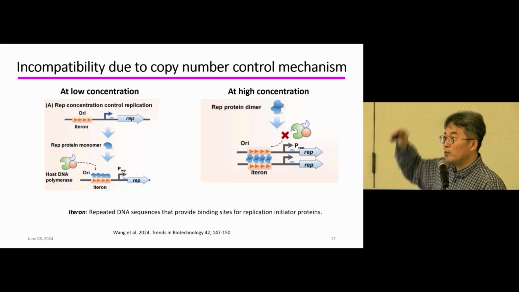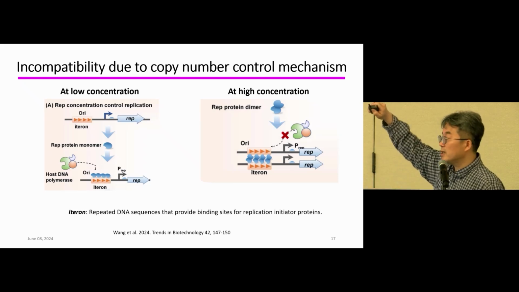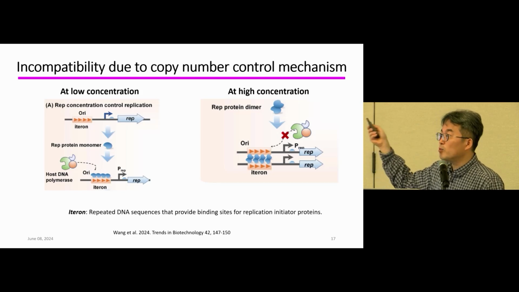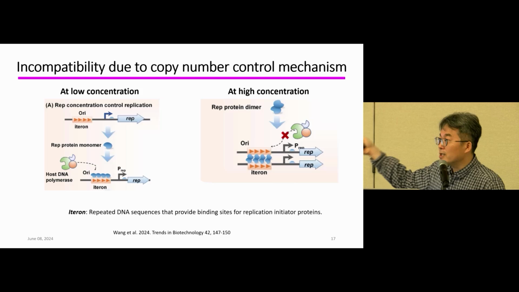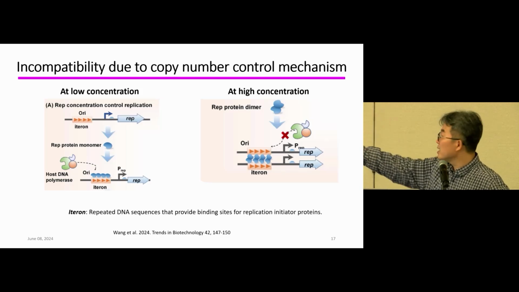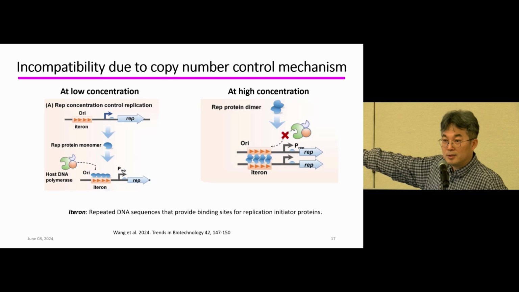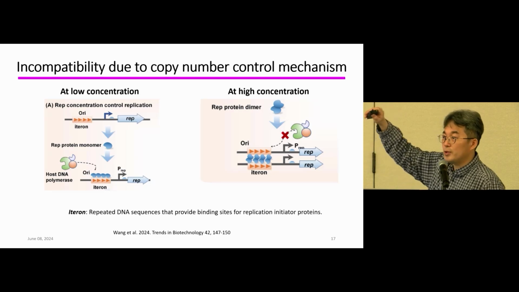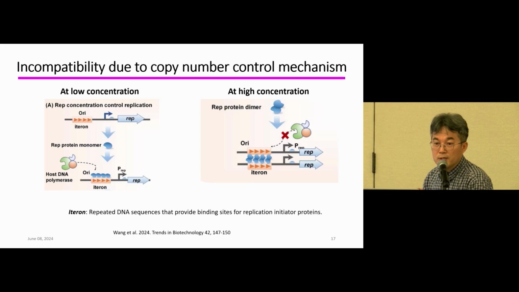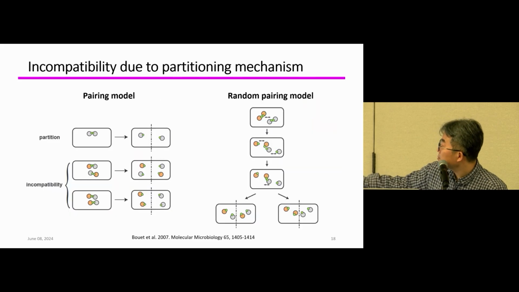However, if you already reach the maximum copy number of the plasmid, you will have a lot of initiator proteins, they form dimers, and the dimers will block replication, which is called handcuffing. When you reach a certain copy number, the initiator protein will block the regulatory region so that it can prevent DNA replication. This is one of the known mechanisms.